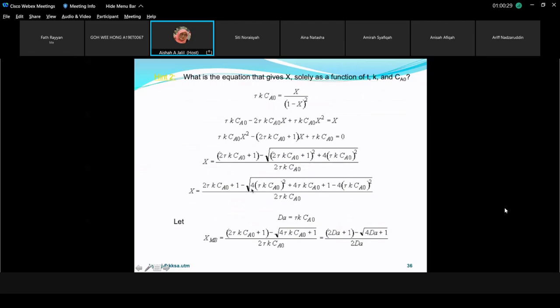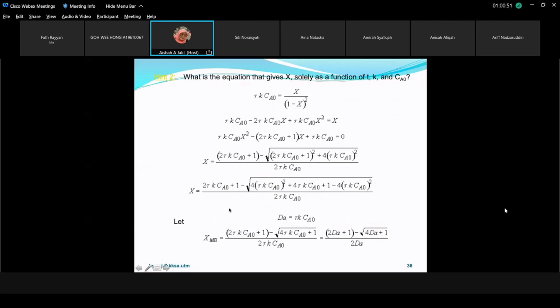And then they simplify this one, tau k Ca naught, as Da. Da is Damköhler number. Sometimes they ask you what is Damköhler number. Damköhler number is the tau k Ca naught.